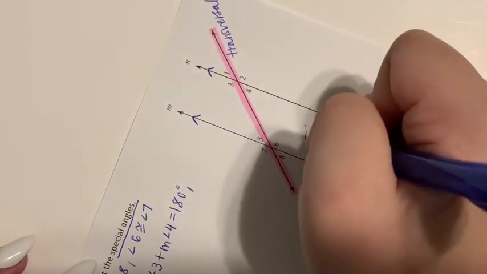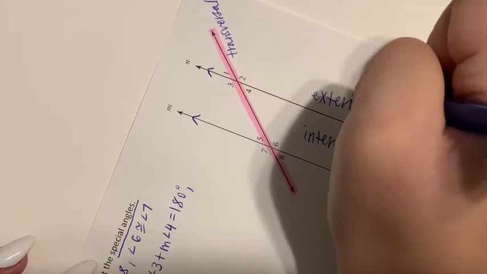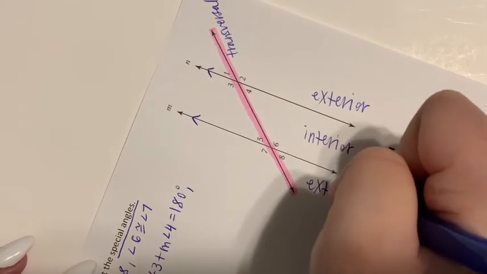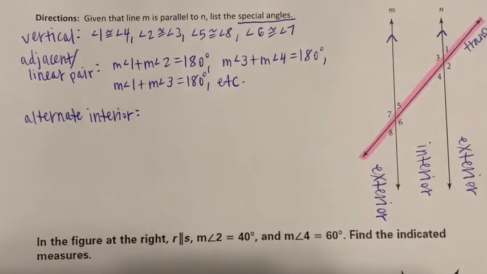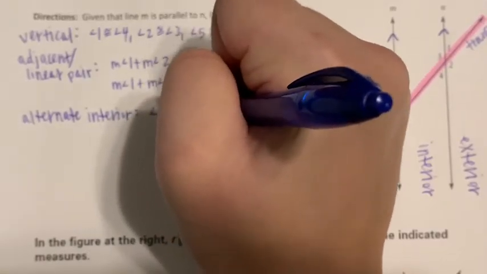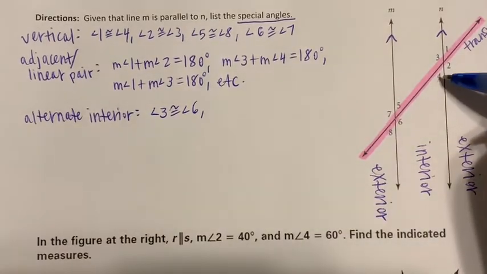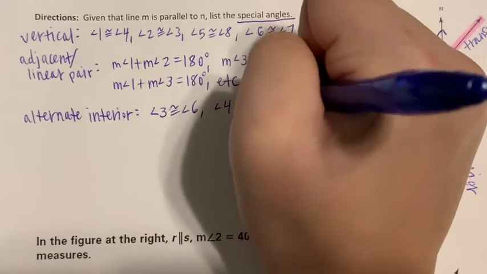Here would be our interior or inside, and then exterior or outside. So notice that our figure is turned. So those are our 3 different regions there. So alternate interior would be like angle 3 and 6. So we can say angle 3 is congruent to angle 6, or we could say angle 4 is congruent to angle 5.